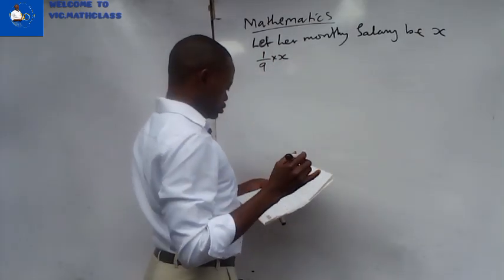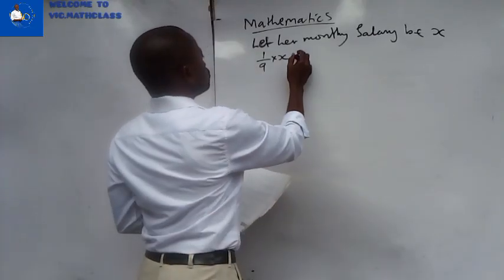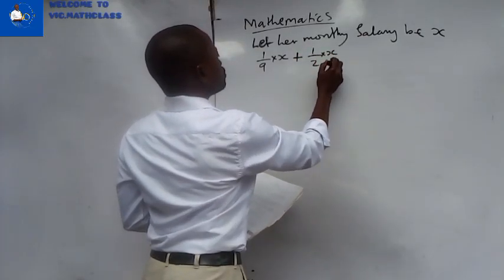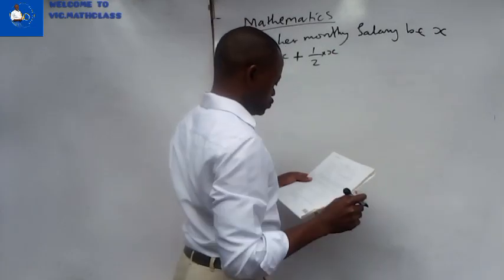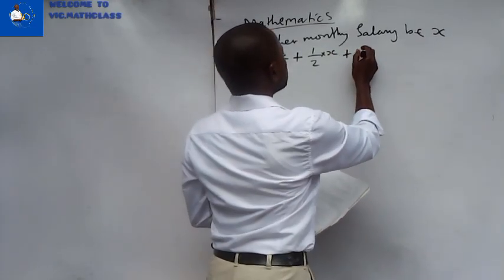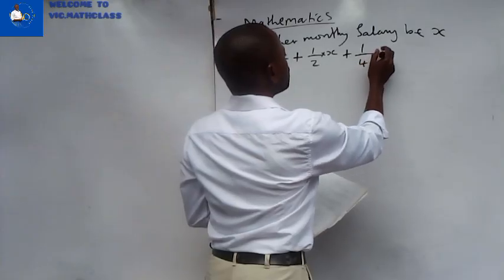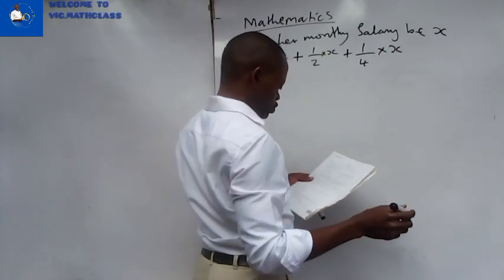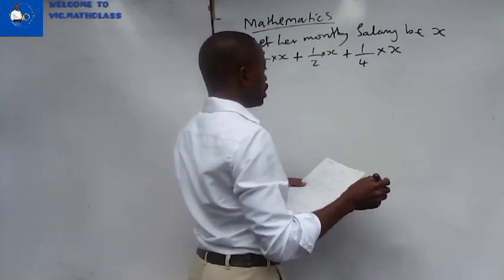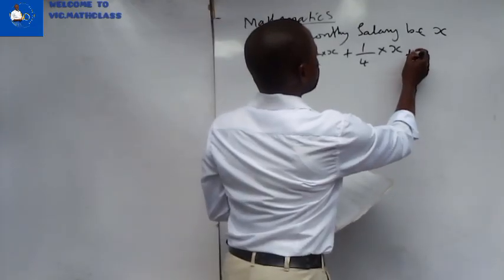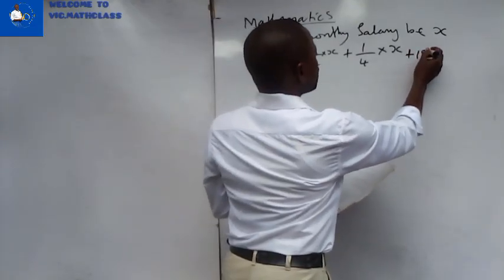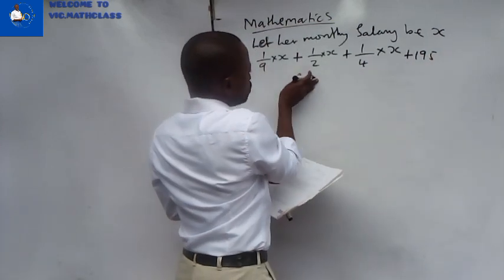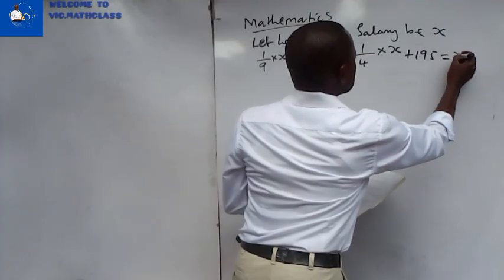She spent half of it on food, so plus 1/2 times the salary. Then plus 1/4 times the salary X on clothes. And she still has plus $195 left.